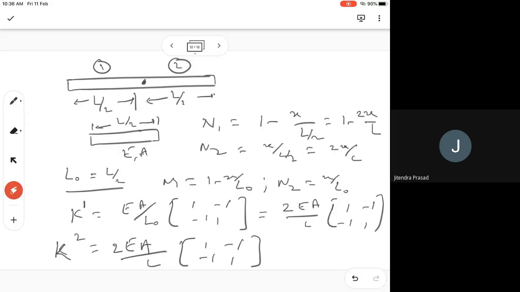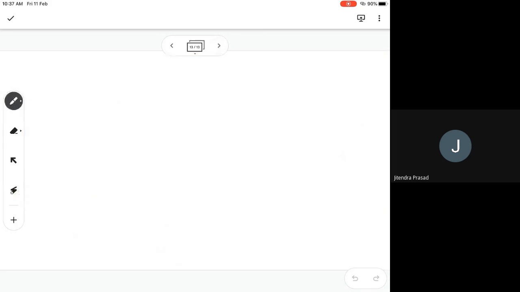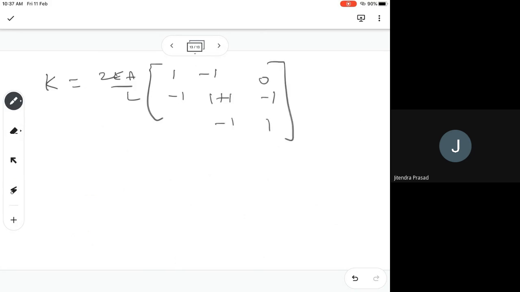You can also mathematically prove that you will get the same value for both of them, right? So for both the elements you got that K, and you can assemble that. So big K is equal to 2EA over L, and you have 1 minus 1 minus 1 1 plus 1 minus 1 minus 1 1, and the rest is 0 here.